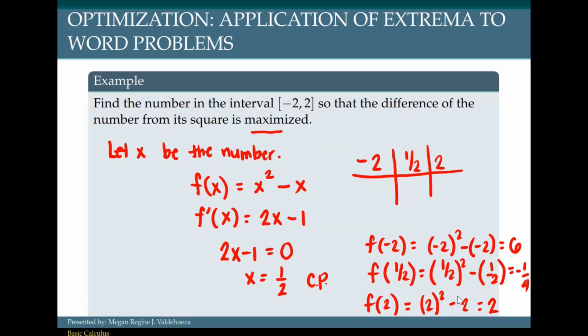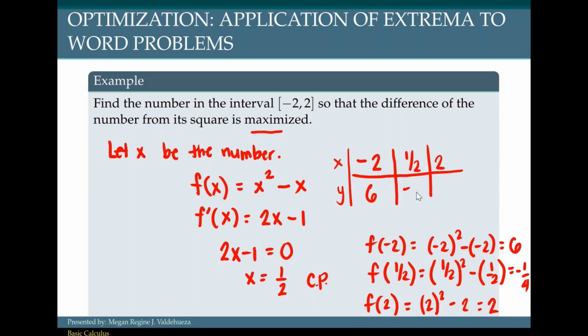So from this, we conclude that the function attains a maximum at the left end point, which is at x equal to -2. And the value is 6, right? So the number we are looking for, the number x, this is x, and these are y's.